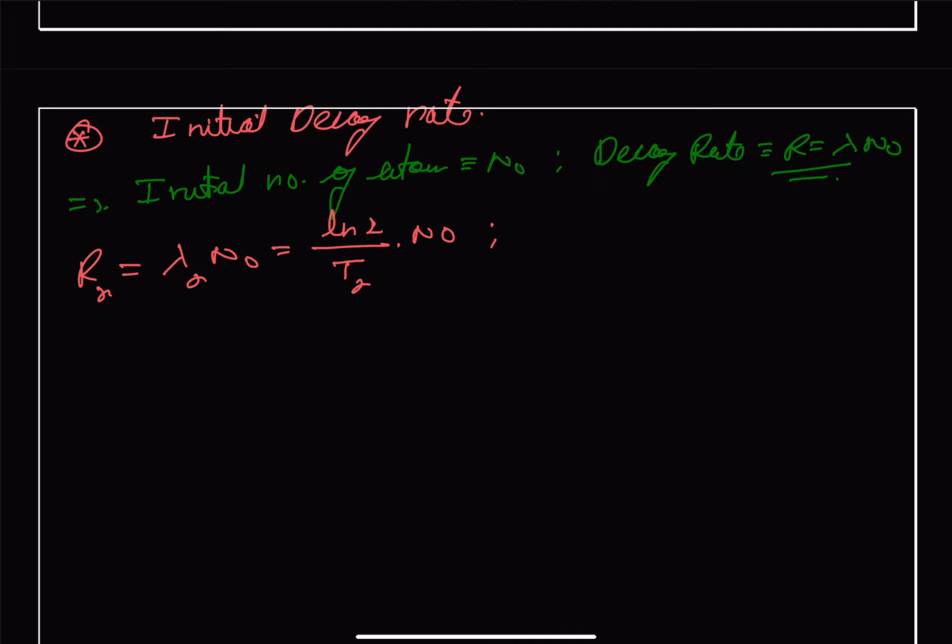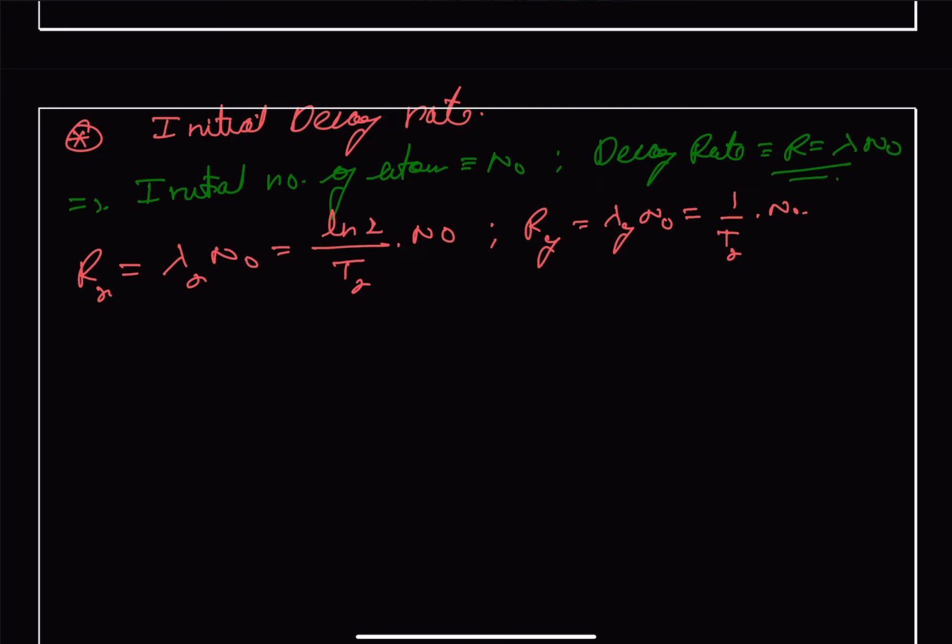And the decay rate of y is equal to lambda y N naught, which is equal to 1 upon Tx times N naught. So we can find R of y in terms of Rx.